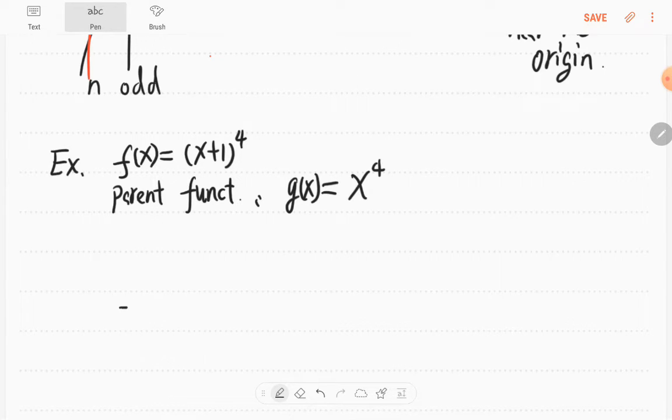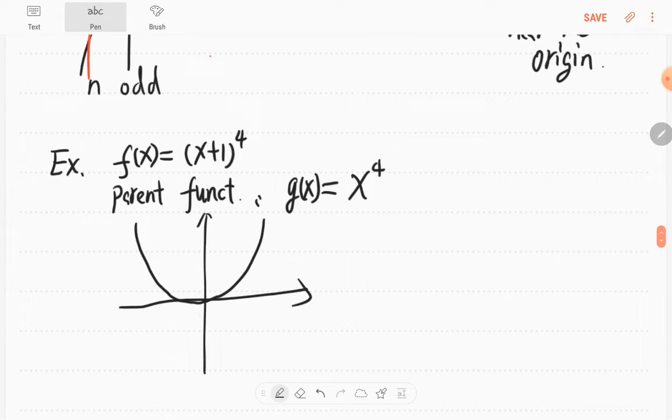So we know x to the fourth would be this one. This is g of x. So f of x, which is x plus 1 to the fourth, is actually g of x plus 1.